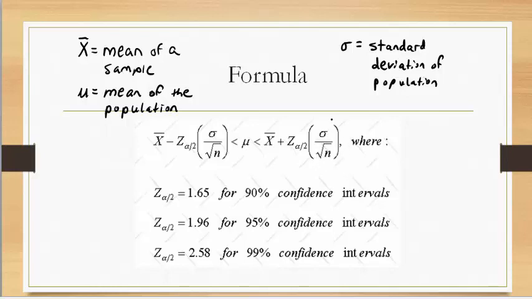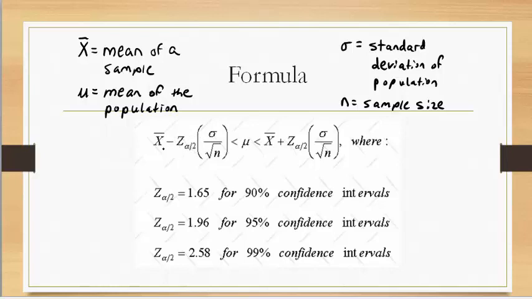Okay, the N, we've seen that before in formulas. The N is the sample size. And the only other thing that is listed in our formula is probably the part that looks the most intimidating, and that is this Z alpha over 2.